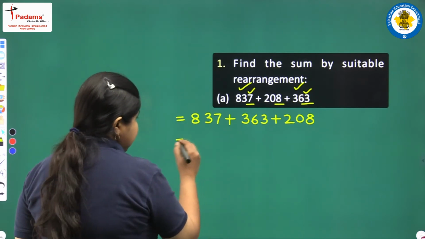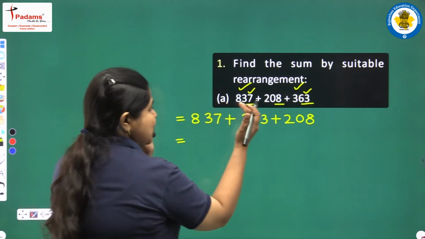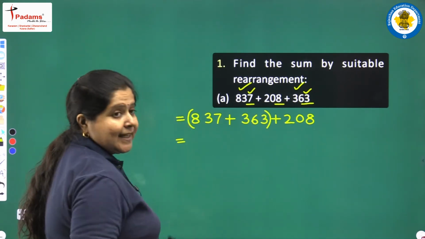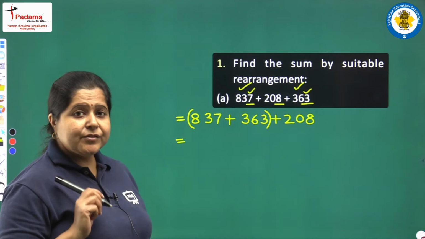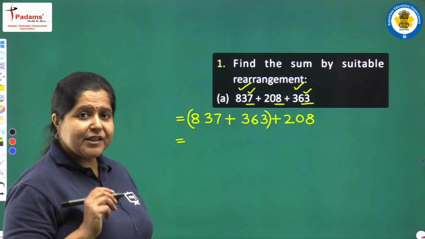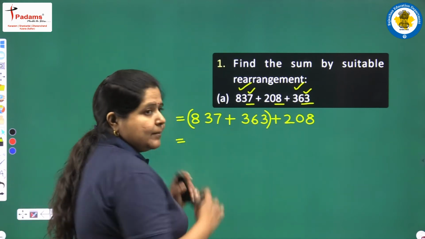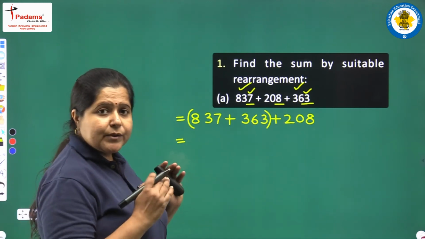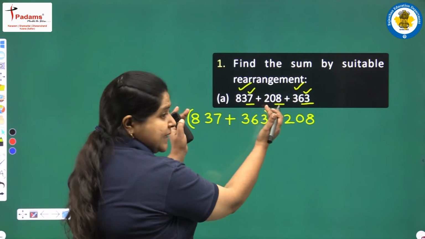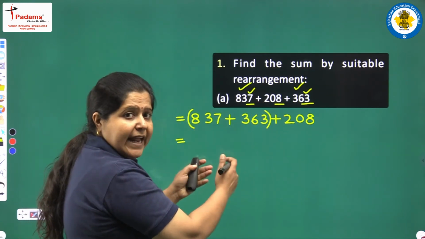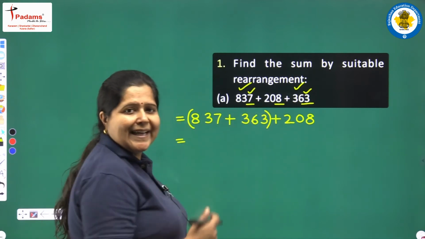Now, again we need to add up these two numbers first, so we mark a bracket on both sides. And this we are doing by using the property of associativity, which says that while adding three numbers, we can pair up any two numbers first. We are pairing up these two numbers first and then we will get their answer and then we will add this answer to 208.